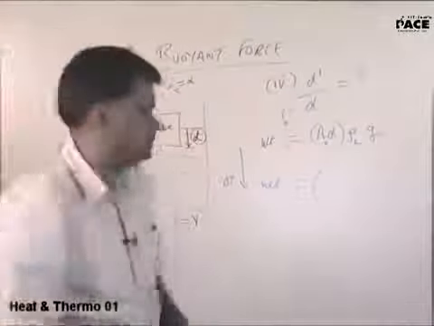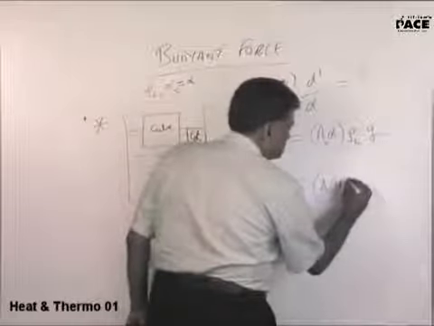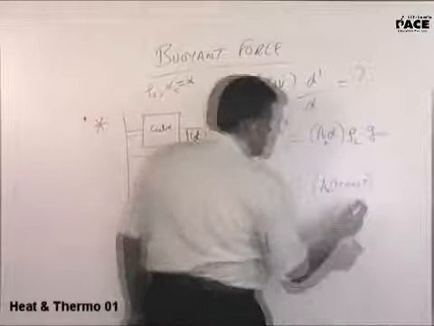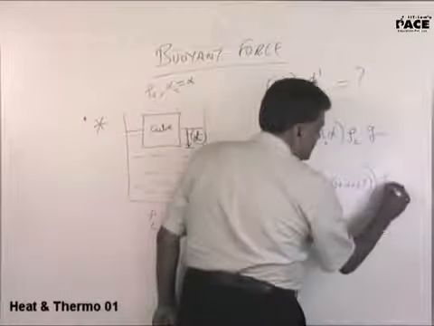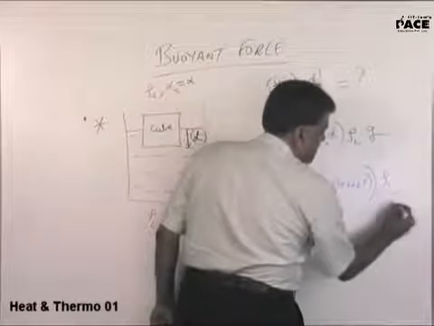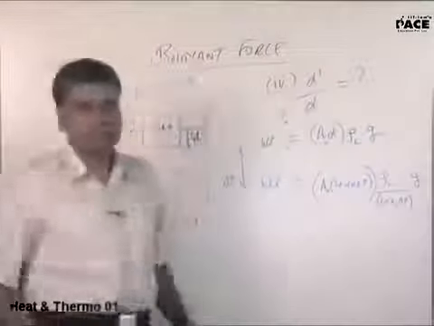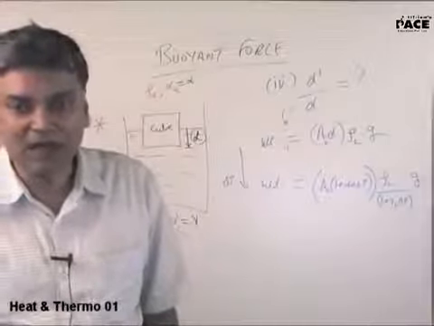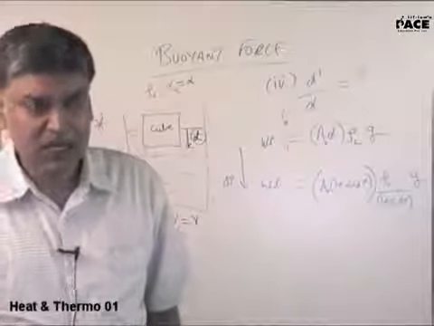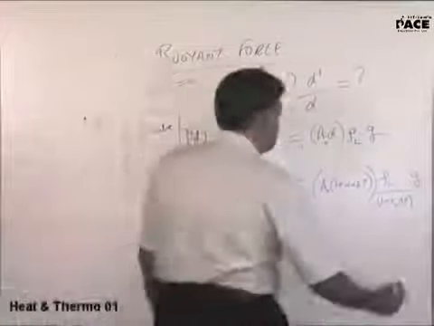How much more? A naught into 1 plus 2 alpha delta T. And what about density? It becomes 1 plus gamma L delta T. Density becomes rho L by 1 plus gamma L delta T. It has become less. Area has become more. Now both these equations are the same.